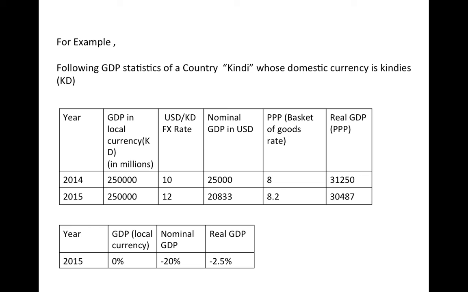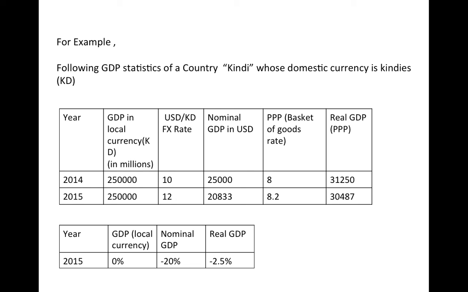This is due to the fall of Kindi's currency in international markets. But the purchasing power of citizens may not be impacted much. Because of the currency rate decline, it shows the country's economic progress has gone down by up to 20%, which is ideally not true.